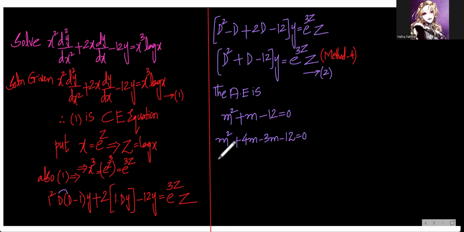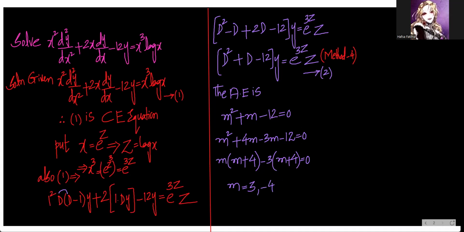Now this can be written as taking m common, it is m plus 4. Now taking minus 3 common, it is again m plus 4. M minus 3 into m plus 4 is equal to 0. It means that we are getting two values of m, that is m is equal to 3 from here and minus 4 from here. And now you notice that both are different.